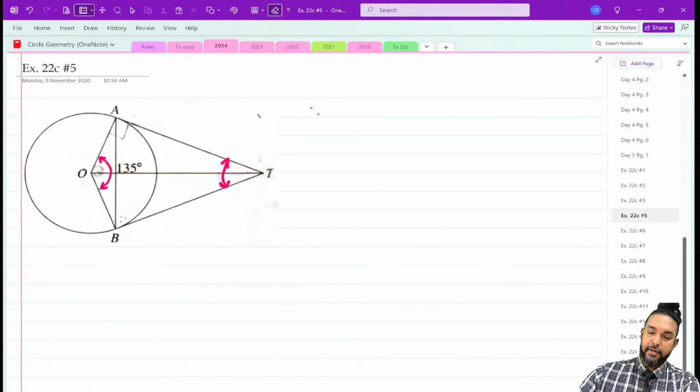All right. So define ATB. So this angle here and this angle here are supplementary. So ATB and AOB are supplementary.